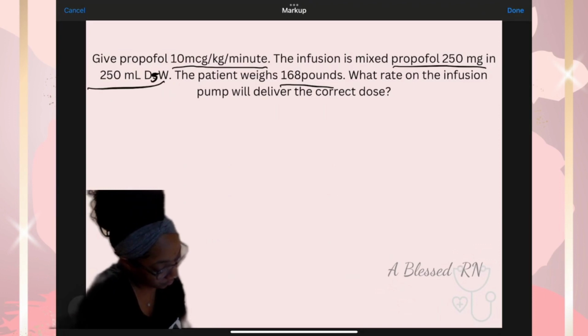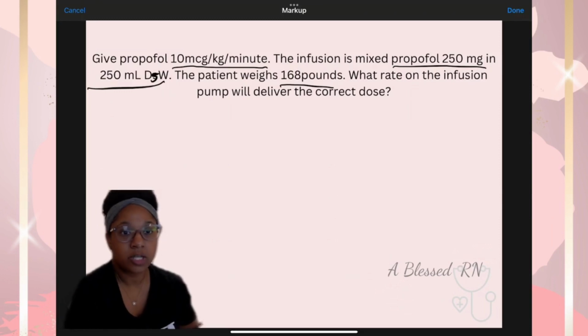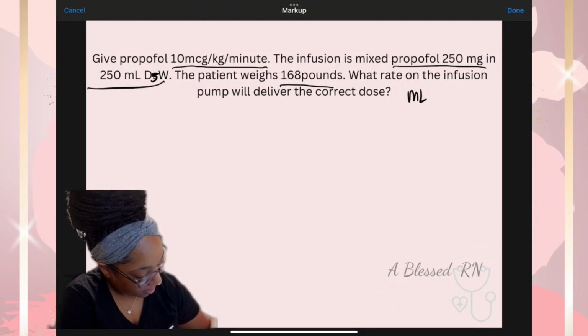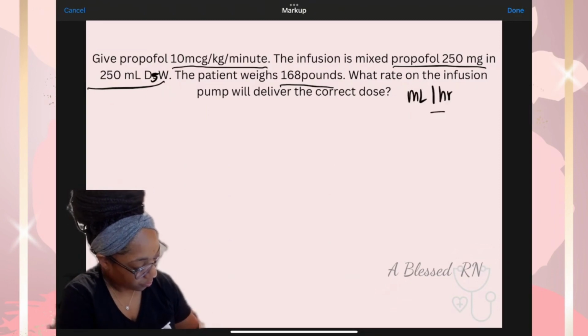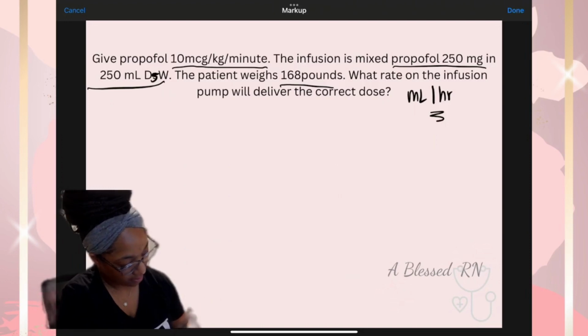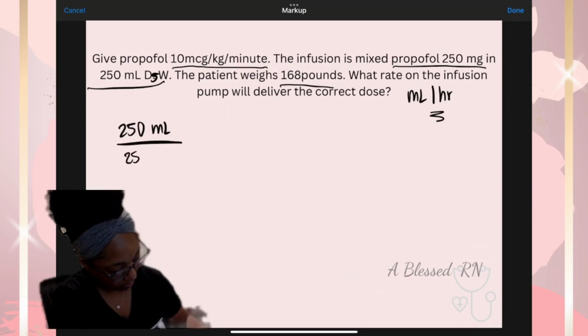So, what rate on the infusion will deliver the correct dose? So we're going to do milliliters per hour. You're always going to set your pump as milliliters per hour, okay? mL per hour is what we're looking for. So, let's start with what we have. Your product, 250 mLs over 250 milligrams.